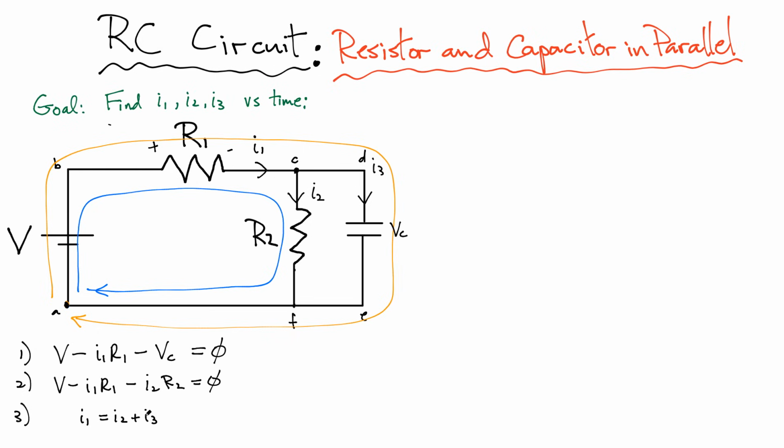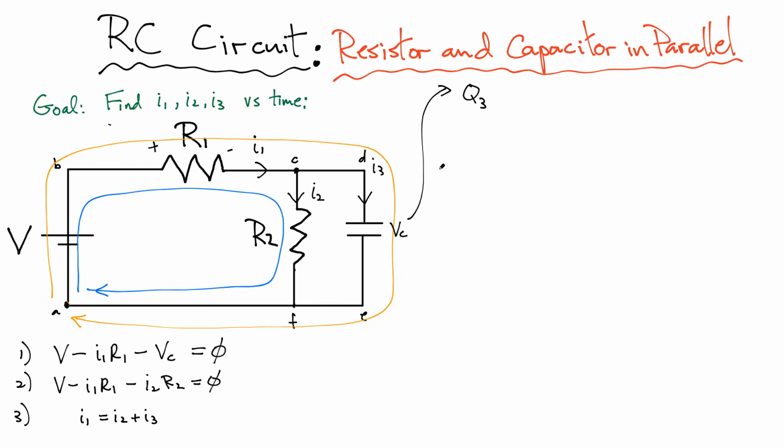So there you go. These are our 3 equations, and we have 3 unknowns kind of buried in here. We simply have to solve this system of equations. The first thing that I can do is eliminate the voltage across this capacitor. Let's consider the voltage across this capacitor and use our equation. Well, the voltage across the capacitor is going to be related to the amount of charge on the capacitor.